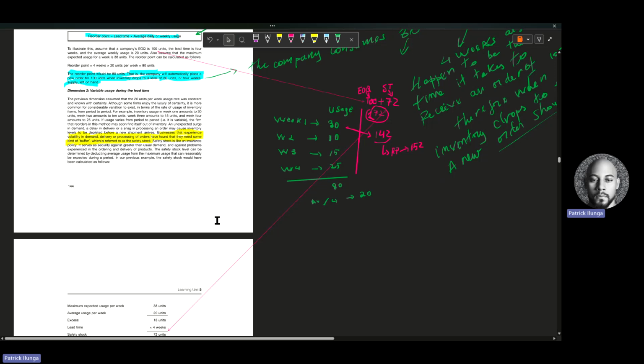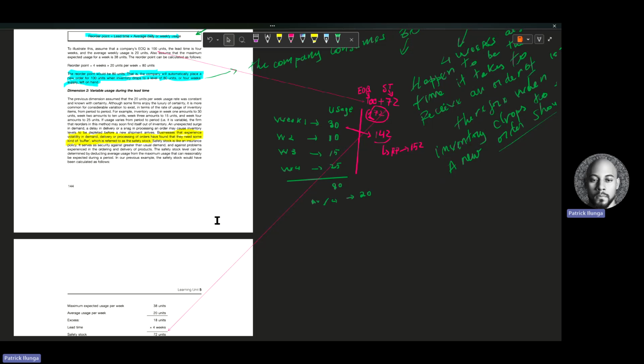Obviously, in this case, you need a buffer that we call a safety stock. Safety stock is more like an insurance policy. It is there as a security against greater than usual demand or against any problems that we might experience in the ordering or delivering of product.